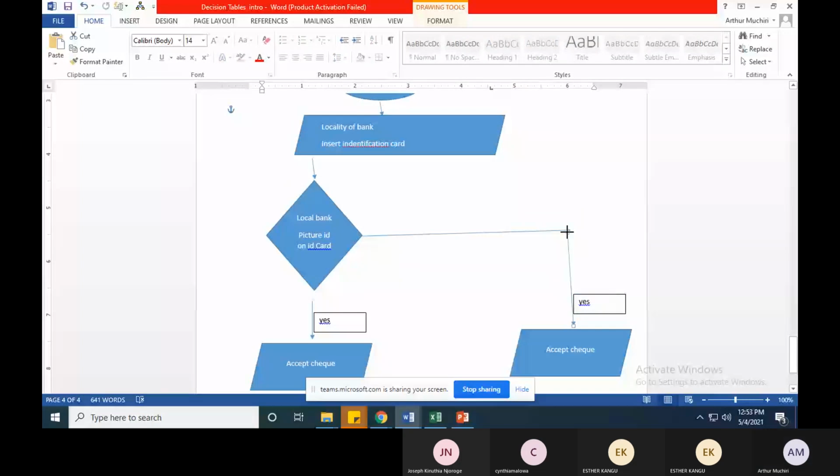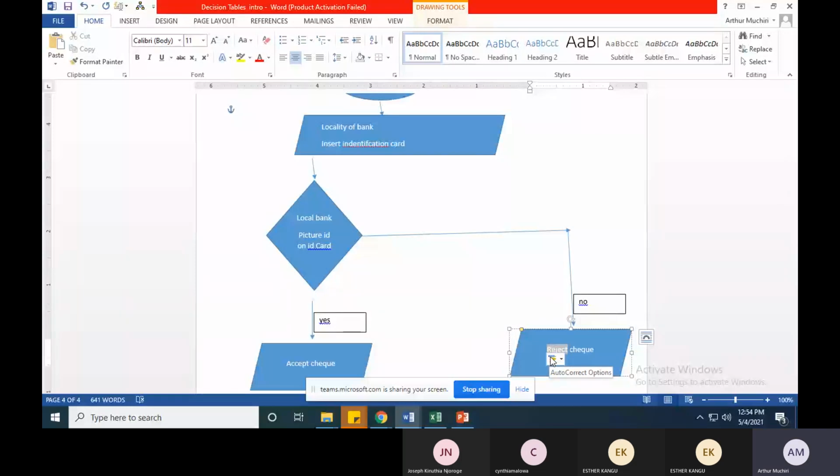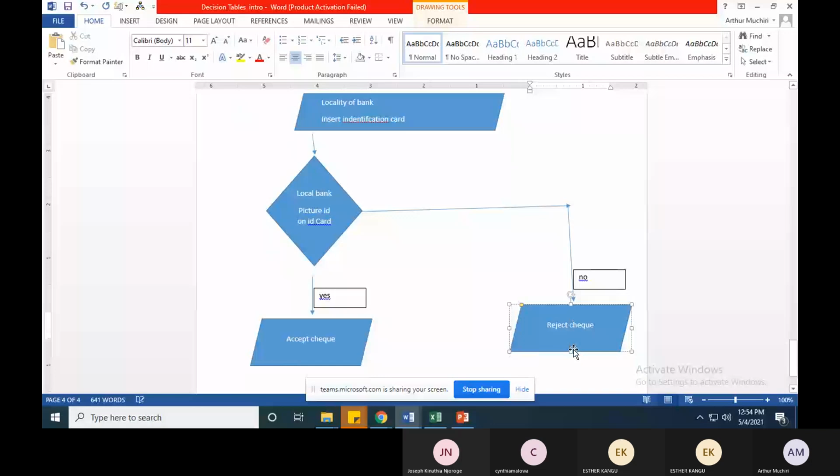There it is. So this is if no. If no, reject check. So suppose that the firm decides to accept check only from local banks and also accept check only. That word only changes everything. Only when the person has a picture ID.